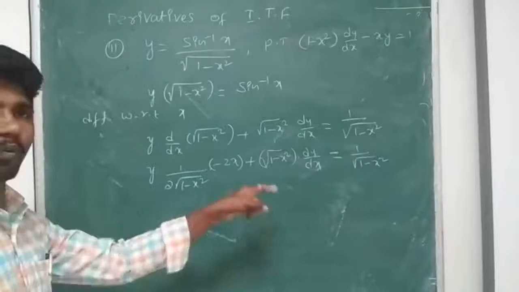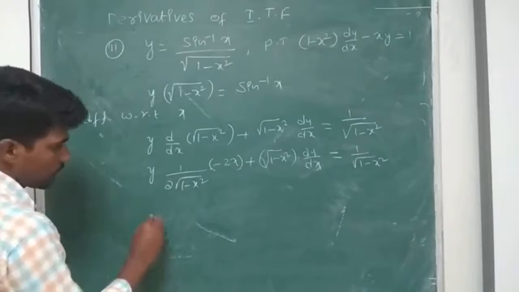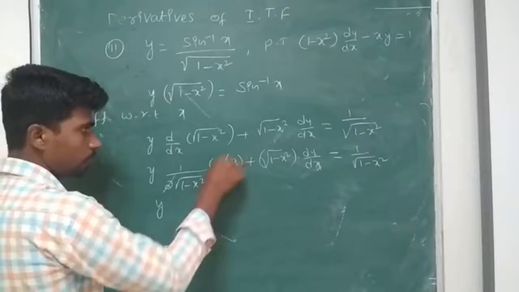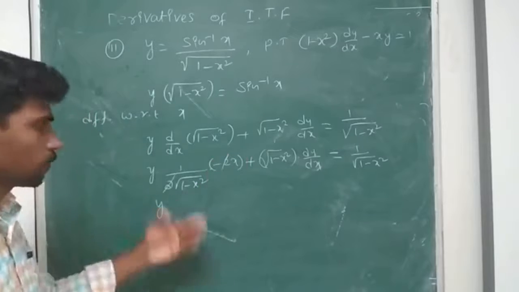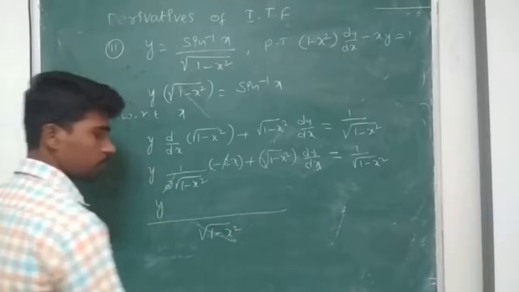So I cancel 2 and 2, then I can take root of 1 minus x square as LCM.